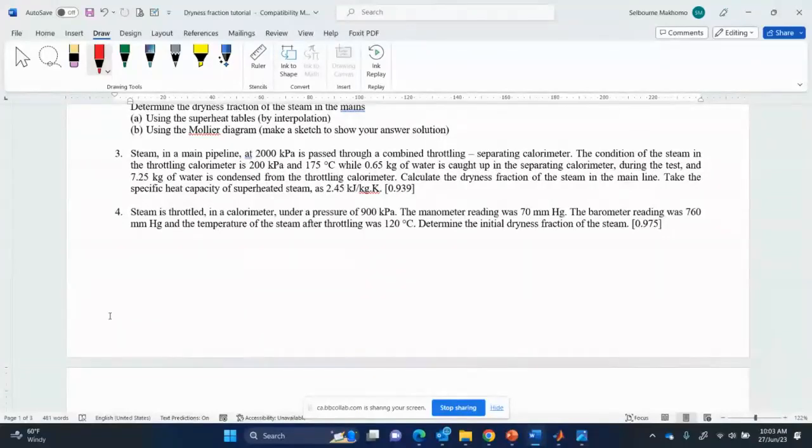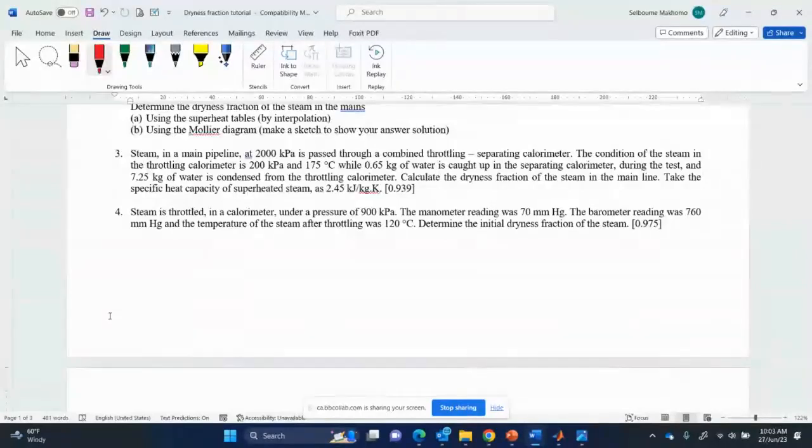Let's read the question. The question says, steam is throttled in a calorimeter under a pressure of 900. This is gauge pressure, P1 gauge. Manometer reading was 70 millimeter mercury. Manometer reading is P2 gauge pressure.